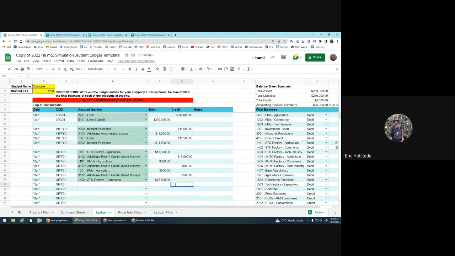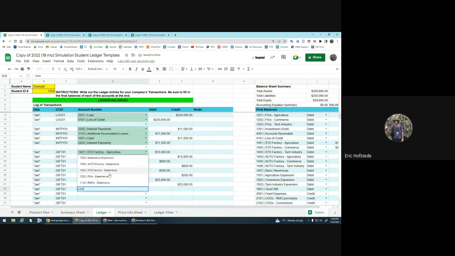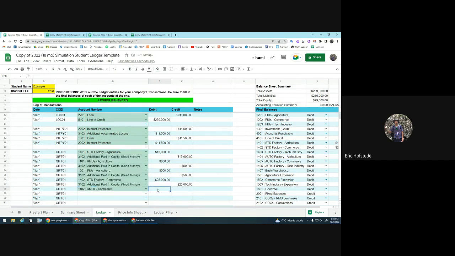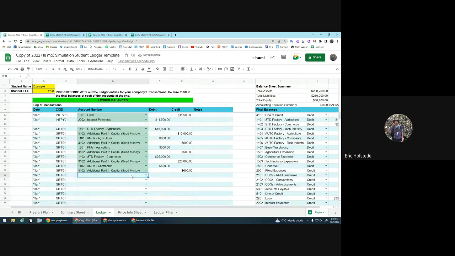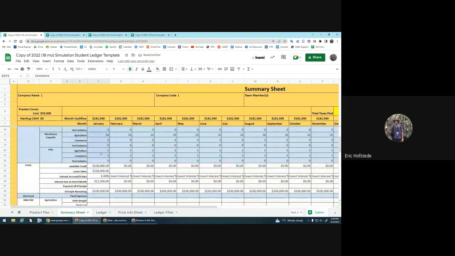and that's going to be balanced by my seed money, and I'm given commerce RMUs worth 600, and that's balanced by seed money again. And we've got our commerce FIUs worth, we got one of them, you don't believe me, look at the summary sheet.